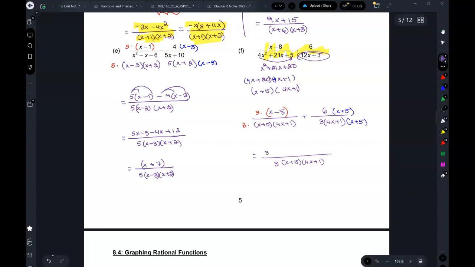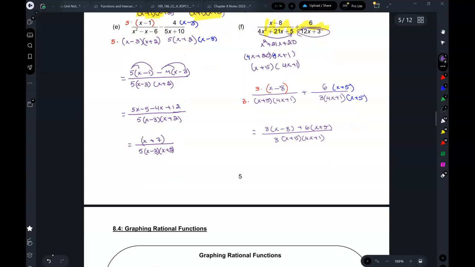So, 3 times x minus 8 plus 6 times x plus 5. This is going to be, let's see, I distribute the 3: 3x minus 24, distribute the 6, over 3 times x plus 5, 4x plus 1.